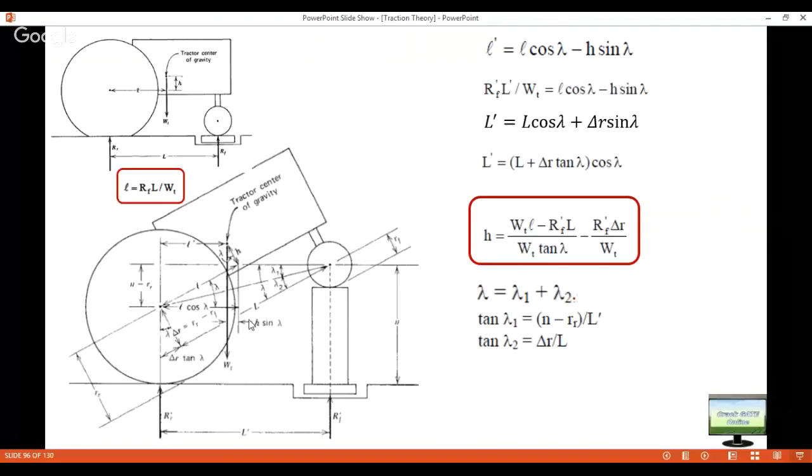Okay guys, so in this triangle your tan lambda 2 will be delta R divided by capital L. Okay, so this is how we can calculate lambda 1 and lambda 2 and lambda. So if you put the expression of lambda in your second equation or in your L dash equation, you will find this value of L dash. So again, it's up to you which one you want to use. This is how this all is coming.